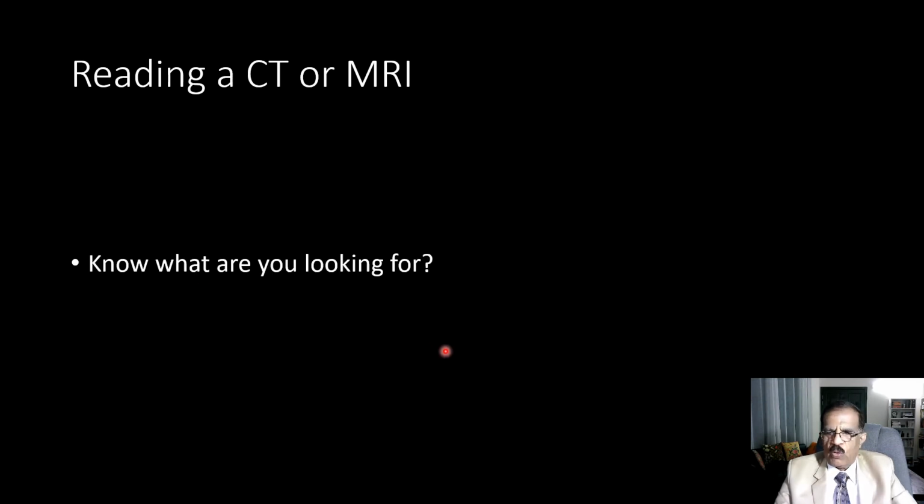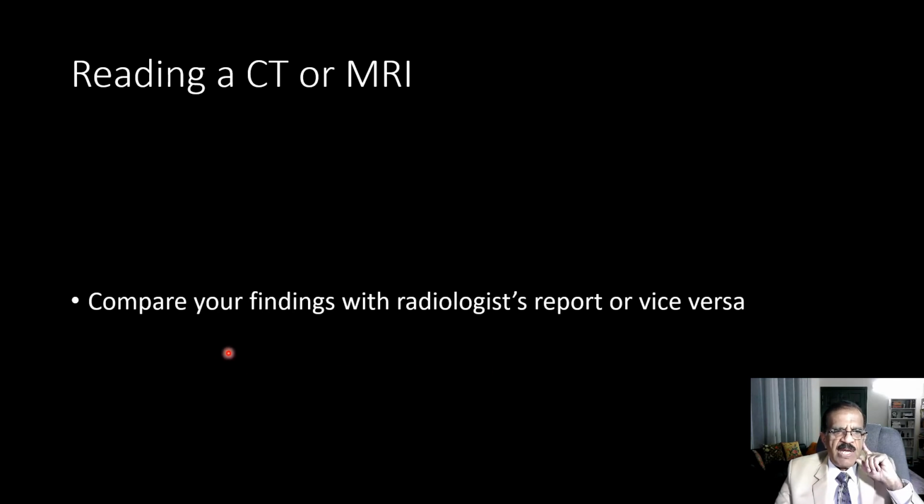Then know what you're looking for. Eyes can see only what the mind knows. So if you are not looking for multiple sclerosis, you can easily miss these small lesions. If you know the history well, then it is more likely that you will be able to pick up these subtle abnormalities. Compare your finding with the radiologist report. I typically read the films first, make my own judgment, and then confirm with the radiologist report. And if I miss something, then I correct myself.